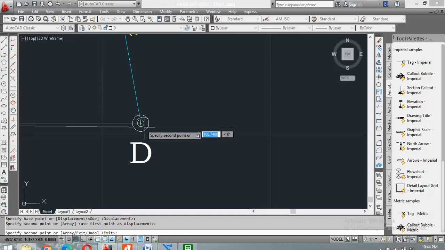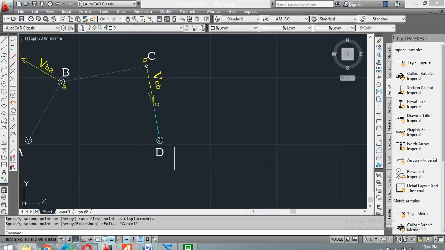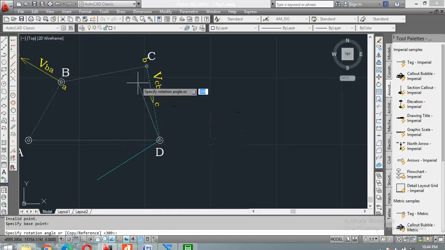Okay, so let us consider D point as a hinge point, and let us assume CD link rotating with reference to point number D. So assume that this is the CD link rotating with reference to point number D. Okay.